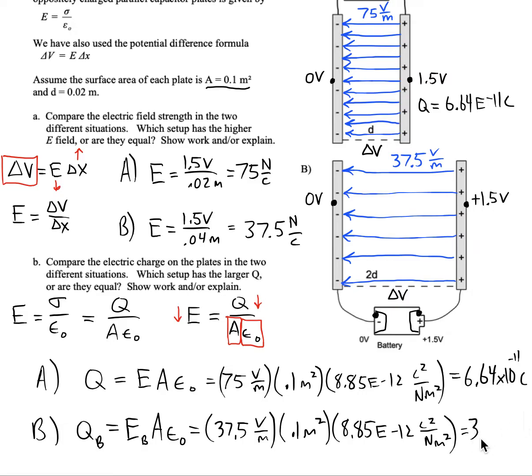It's going to be 3.32 times 10 to the minus 11 coulombs.